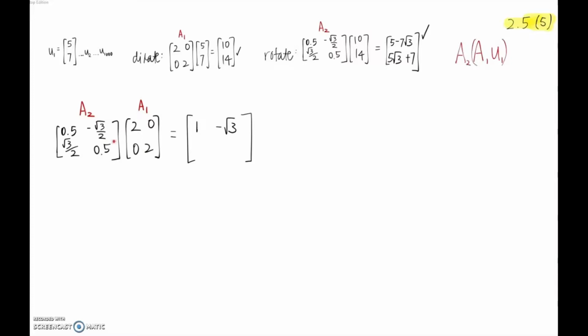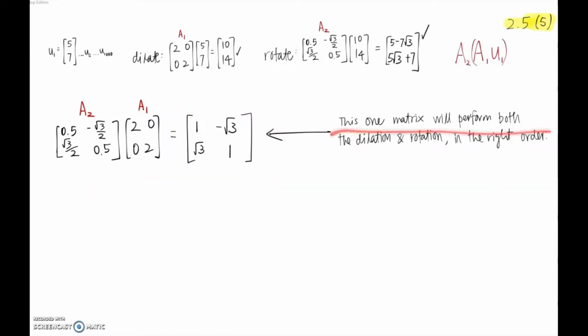And then this row with this column is square root of 3. And lastly, this guy with this guy is 1. So this one matrix here will perform both operations. So this one matrix will perform both the dilation and rotation in the right order.